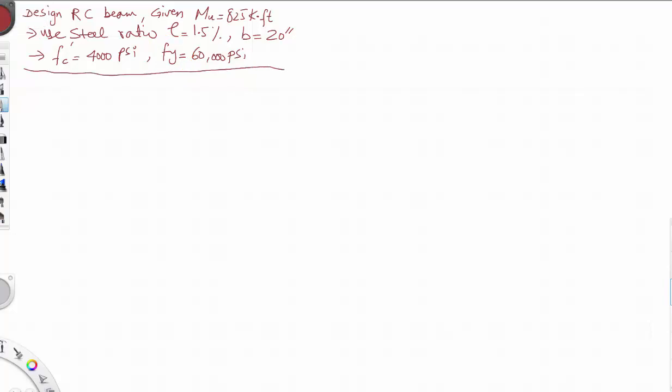So before we start to do anything, we need to write down the equations. That's what you should always do. The equation of design: a is equal to area of steel times Fy over 0.85 f'c b, and this is relevant to this equation.